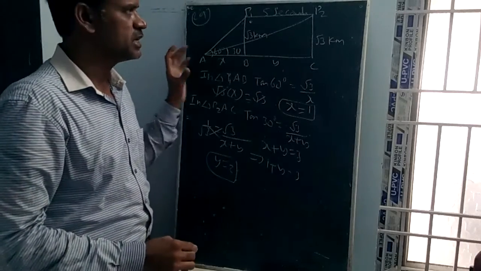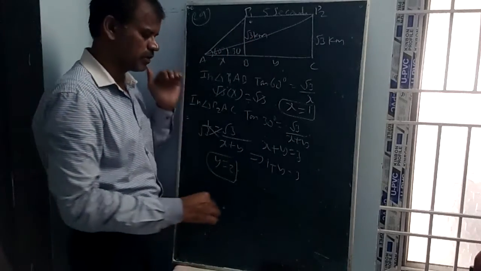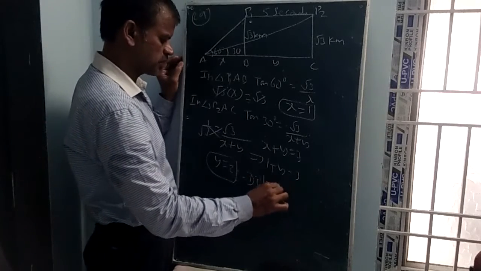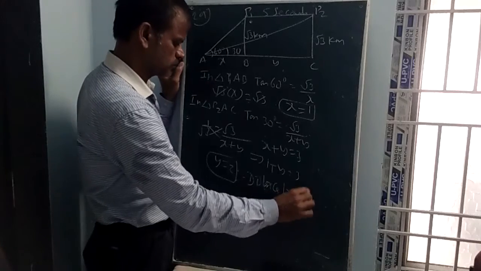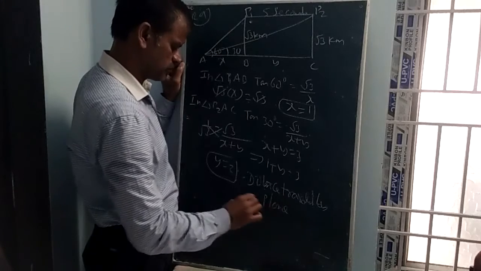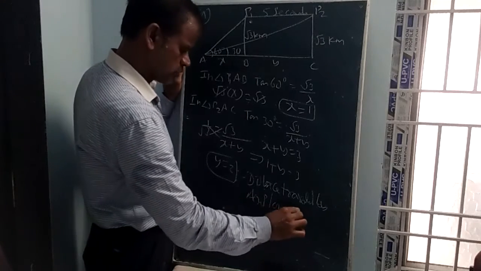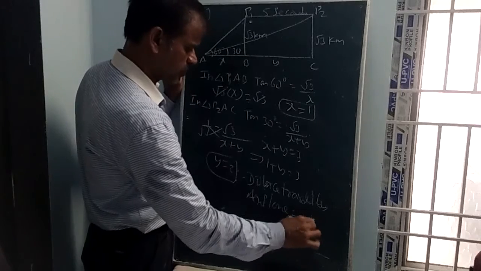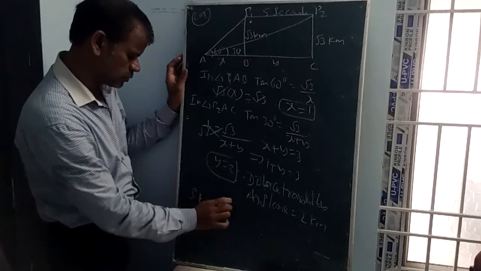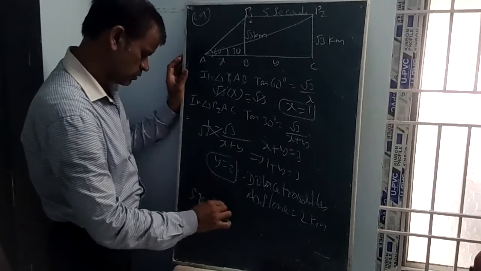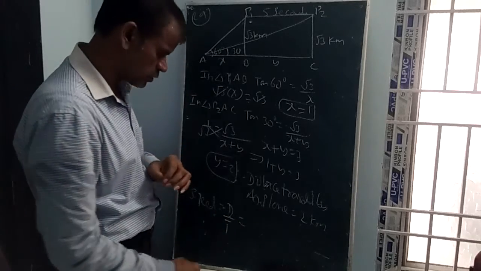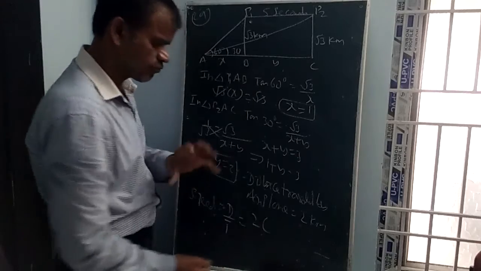y is equal to 2 means in 5 seconds, the distance travelled by the aeroplane is equal to 2 kilometer. That is in 5 seconds given. Now you can write speed equal to distance by time. So what is the distance here? 2, into time 5 seconds.